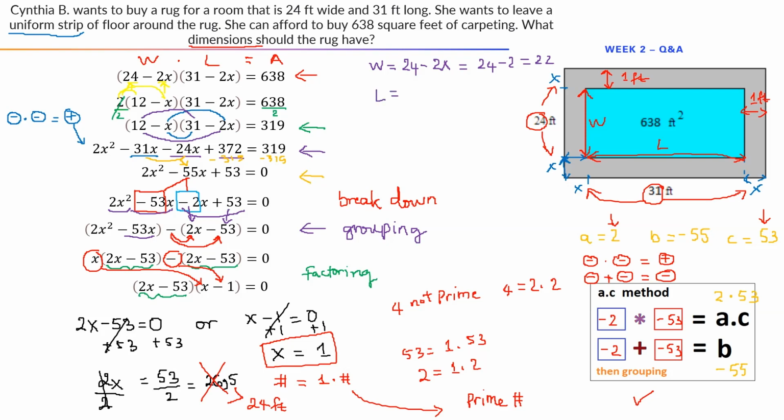And then the length is 31 subtract 2x, which is 31 subtract 2 because x equals 1, right? So 29. And how we answer the question in the answer box, you can say 22, comma 29. Separate the answer by the comma, right?